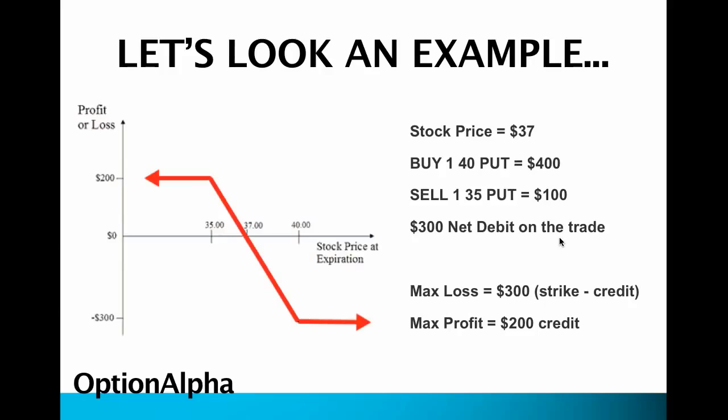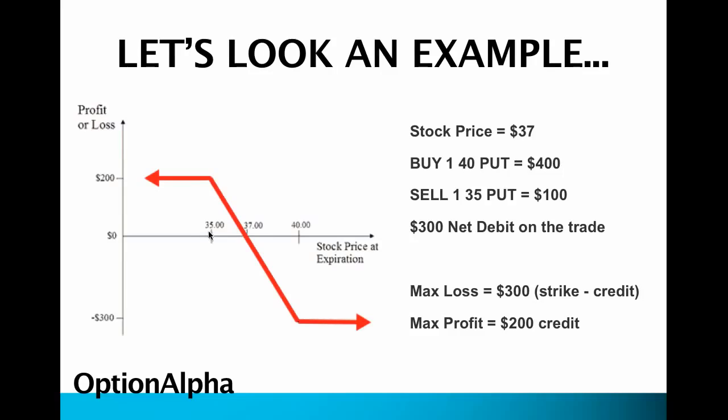Now your max loss is the $300. Again, that's your strike price at 40 minus the $300 debit, and that's going to create that $37 break-even point. But your max loss is going to be the $300 with which you outlaid money for the strategy. The maximum profit is what's left here.